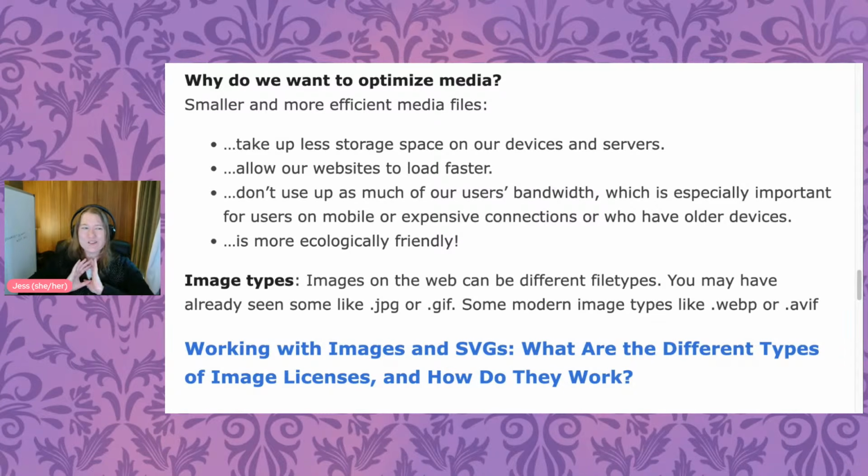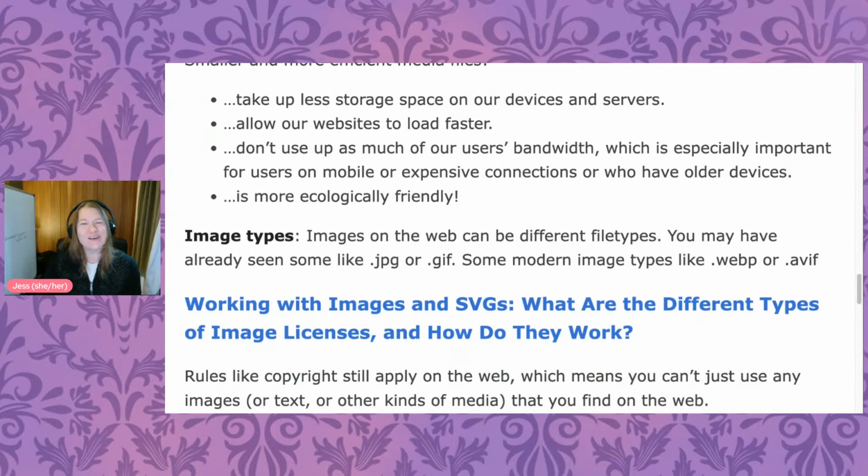So this is really just previewing: think about how big your media files are when you put them on the web, and think about how you can be more conservative. If you're loading something on your phone and it takes a huge heckin' long time, maybe it's time to think about whether those images need a little bit of compression or need to be a little smaller.